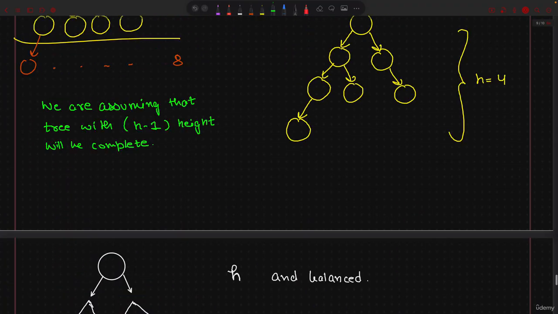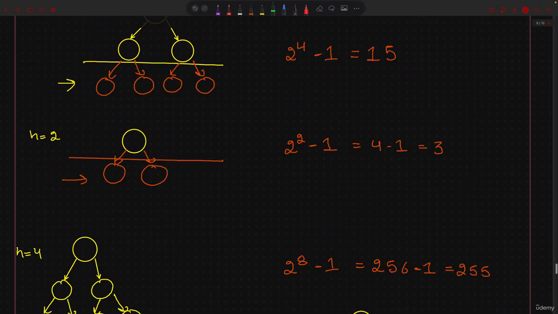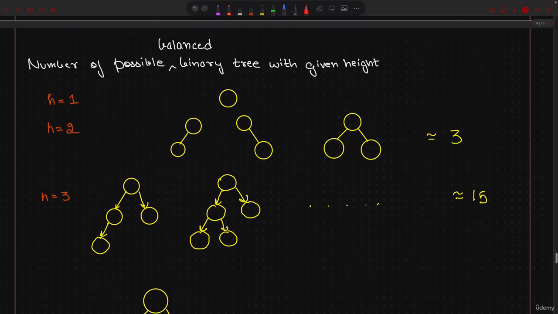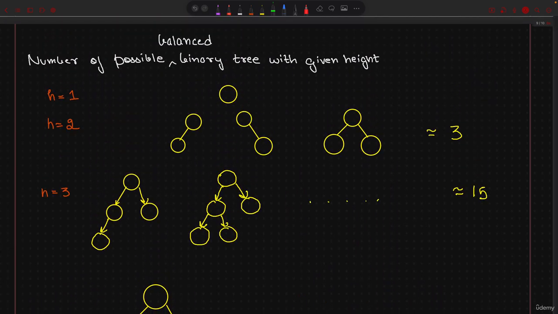Let me quickly help you revise what exactly happened, because this is a little different question than the ones you have solved for trees. The question asked us to tell the count, the number of possible balanced binary trees with a given height. We drew it for h1, h2 and h3 and saw how many trees are possible.